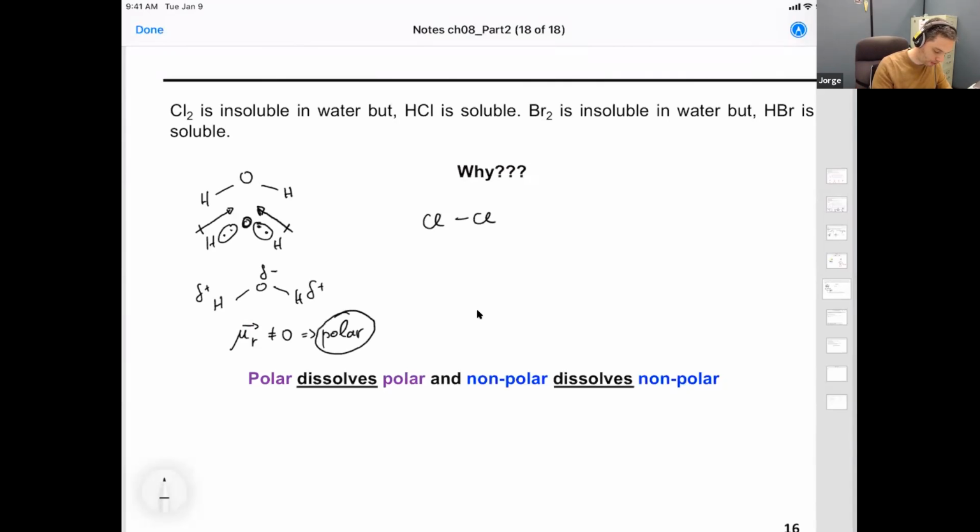Cl2 and Br2 are both nonpolar, which means not soluble in water.